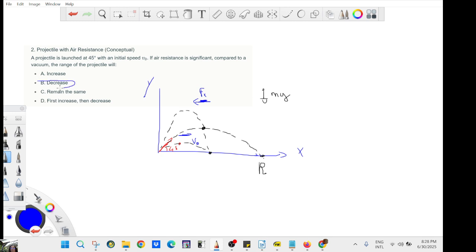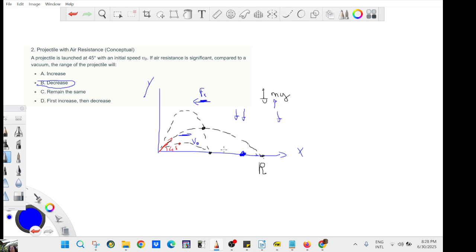So obviously the range, if you have a resistance, is going to decrease. It cannot go as high, as far. So on the way up, you're going to have the drag down and the weight down. So it's not going to go as high. And then on the way down, you're going to have the weight down and the drag up.